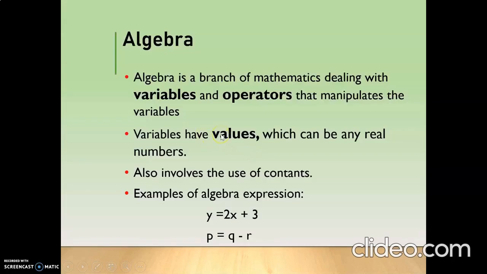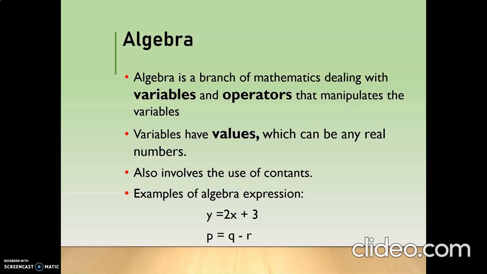Okay, before we look into what is Boolean algebra, I would like to explain a little bit about algebra first. Algebra is a branch of mathematics dealing with variables and operators that manipulate the variables. Variables are like x, y, z, p, q, r, which you have in something like x equals a plus b.